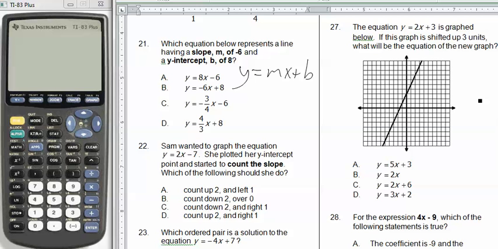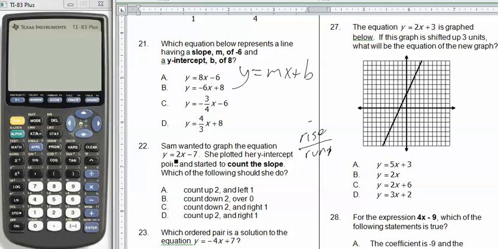Sam wanted to graph the equation y equals 2x minus 7. She plotted her y-intercept point and started to count the slope. Which of the following should she do? So if you remember, if this is not a fraction, it's rise over run, or up over right, or change in y over change in x, all of those things.